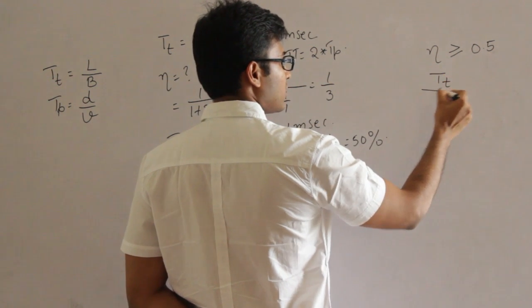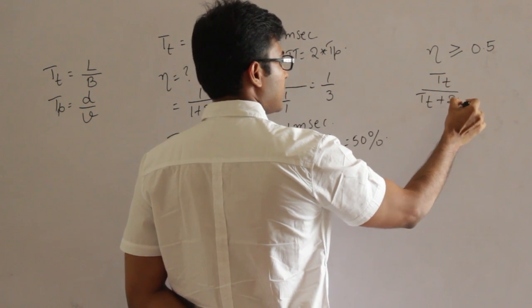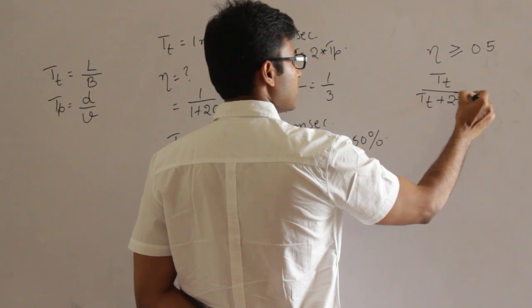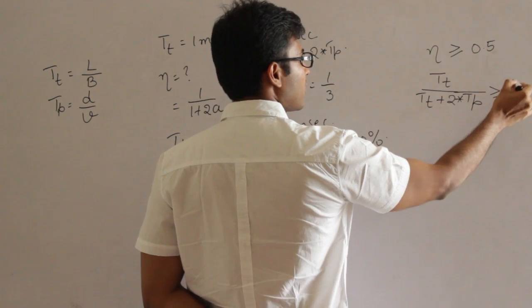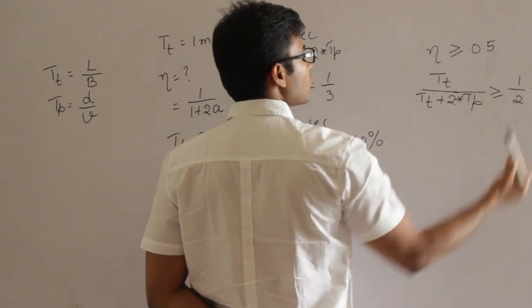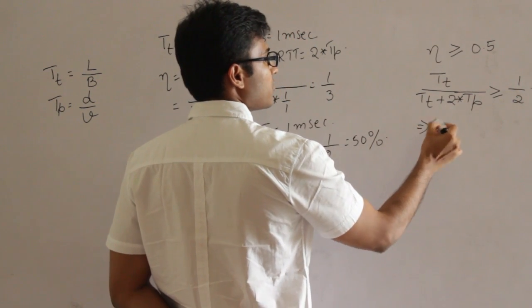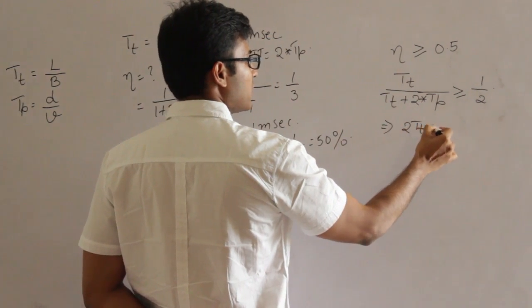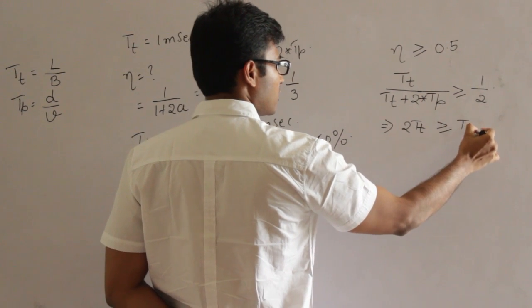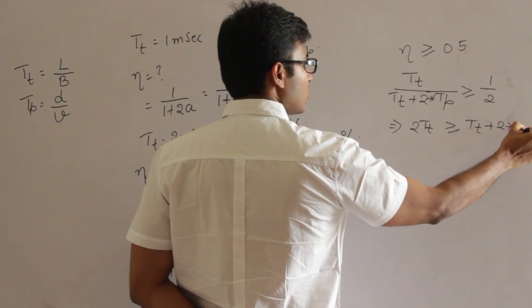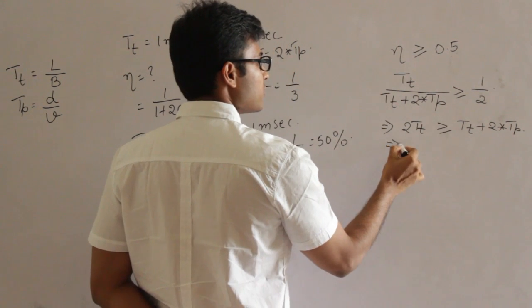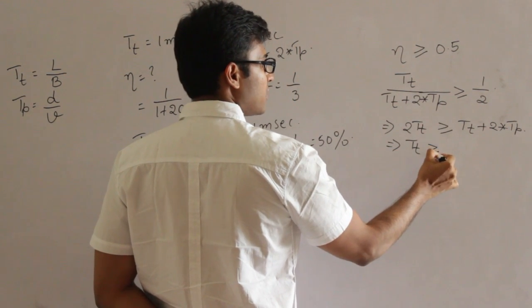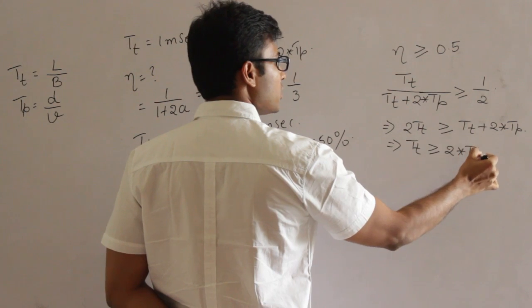Efficiency is TT upon TT plus 2 into TP. This entire value has to be greater than or equal to 1 by 2, isn't it? That implies 2 into TT has to be greater than or equal to TT plus 2 into TP, which means TT has to be greater than or equal to 2 into TP.